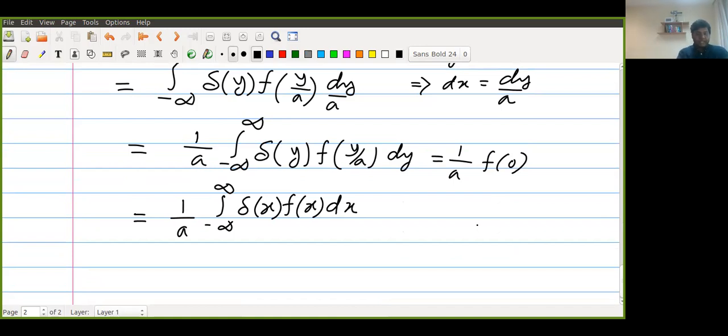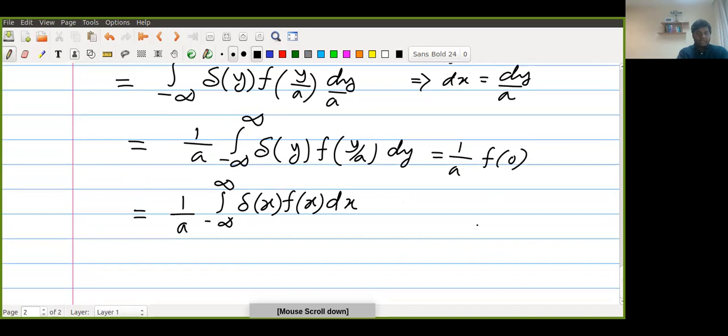Now I want to see another property, like what will happen if a is negative. So from here, what can I say?